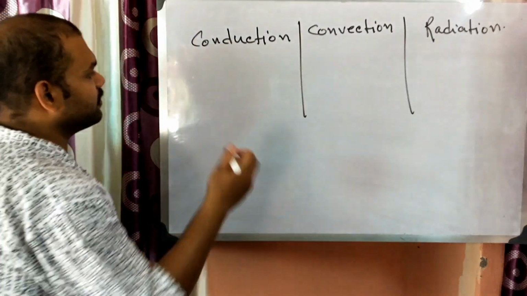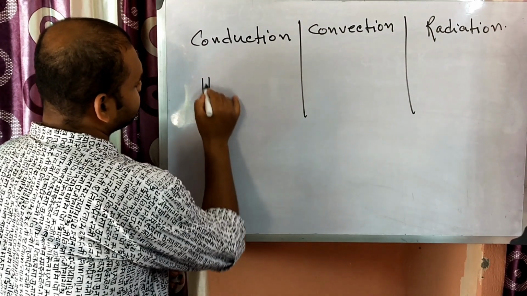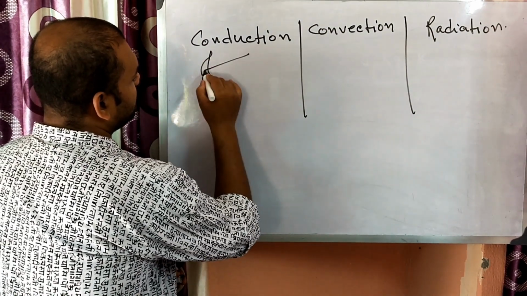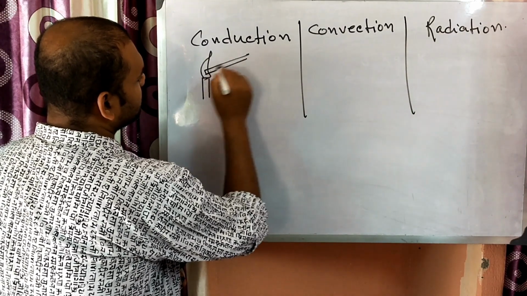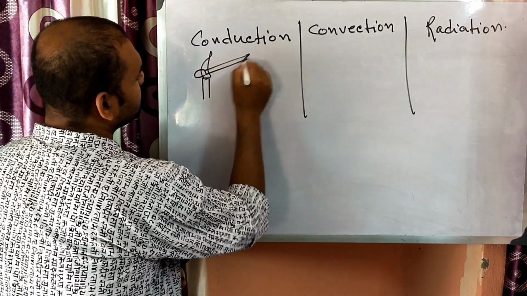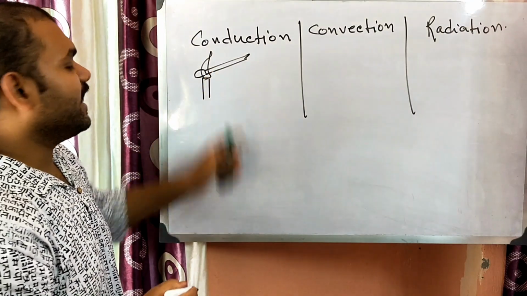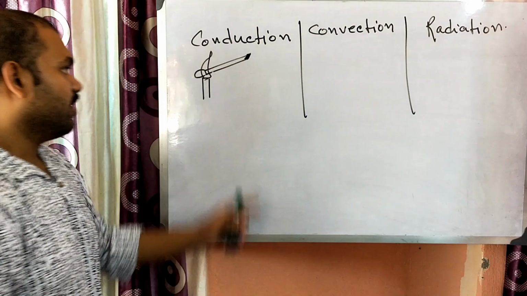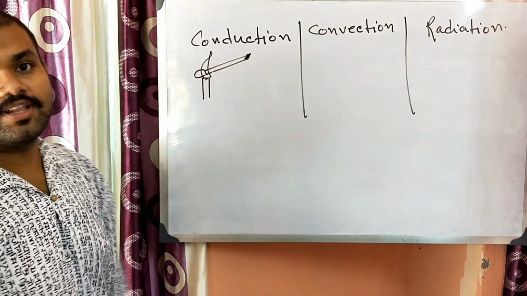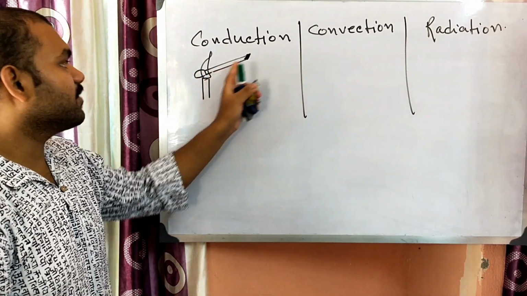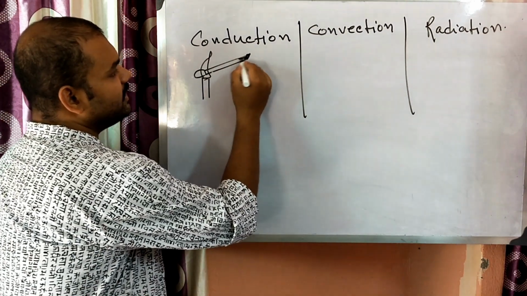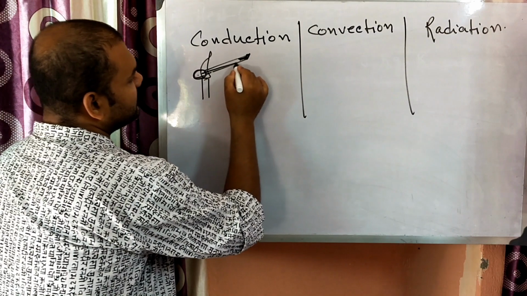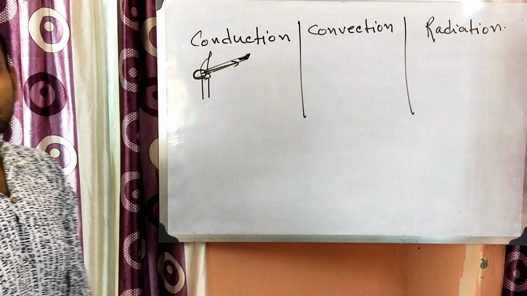I am giving you an example. Suppose there is a candle, and if you put a spoon like this on the flame, then after some time you will feel the heat. As soon as you put it, you will not feel the heat, but after some time you will feel the heat here. So this portion is heated up, and this heat is transferred to your hand.